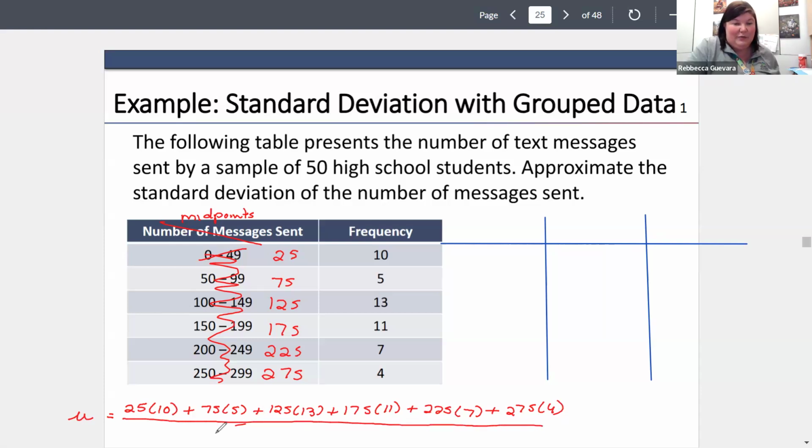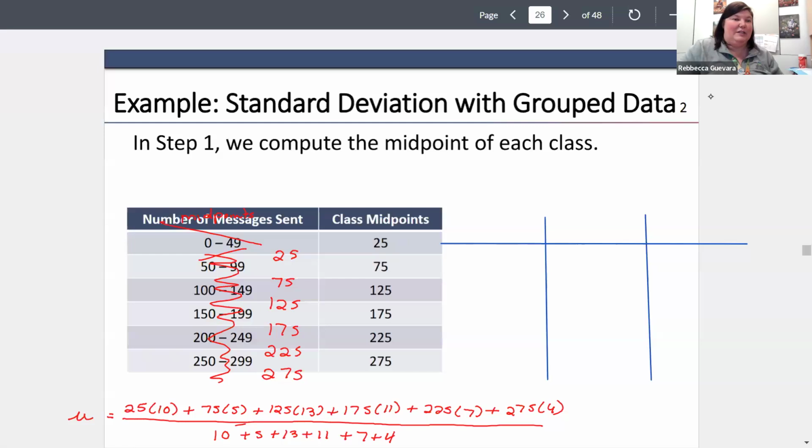Then we divide by the sum of the frequencies, which we know is going to be 50. We had done this before, so hopefully you have this recorded, but that mean was 137.